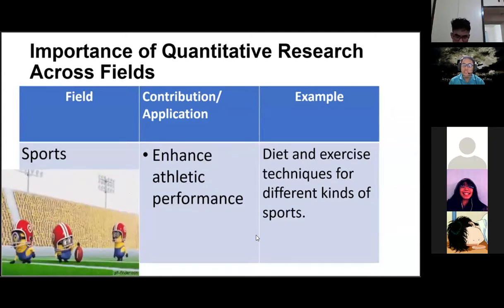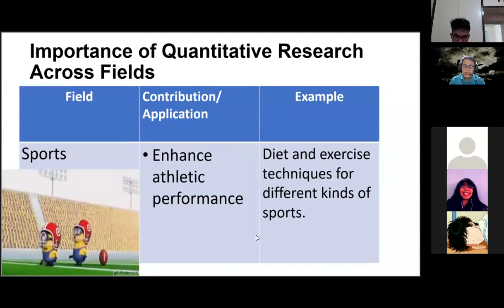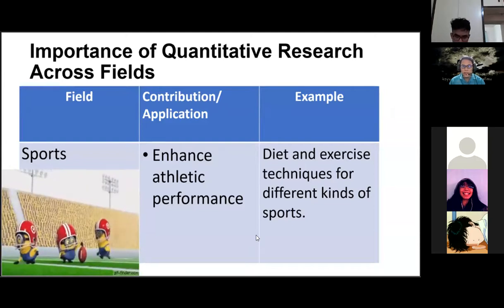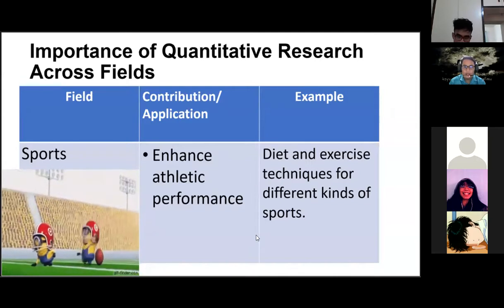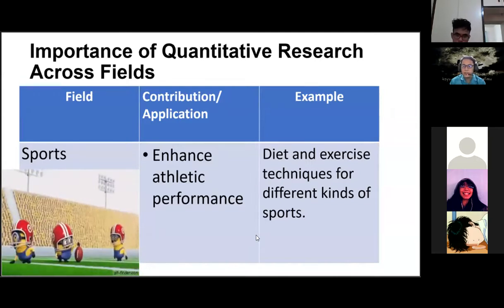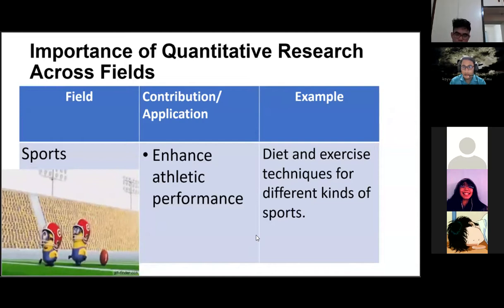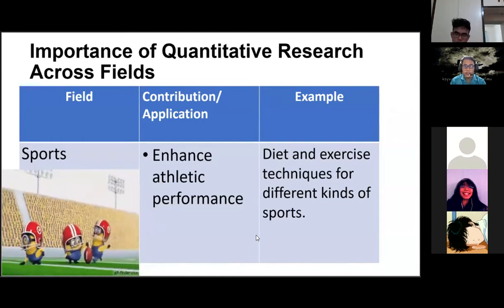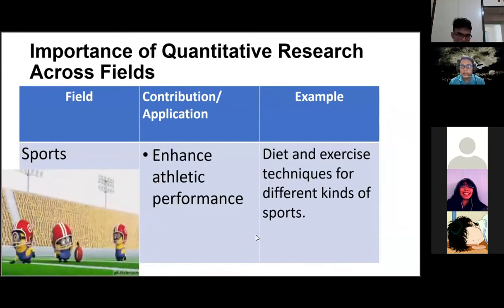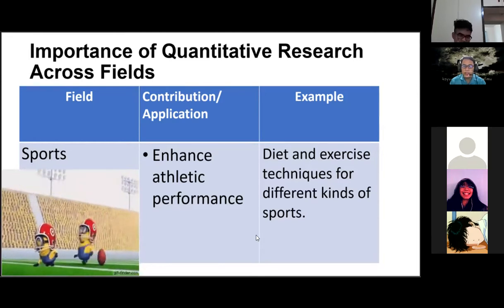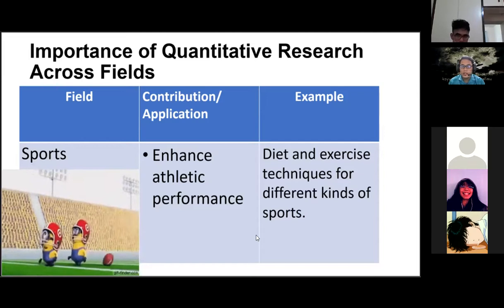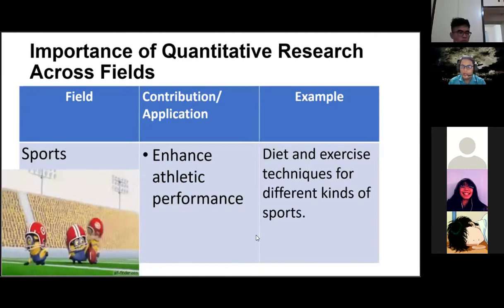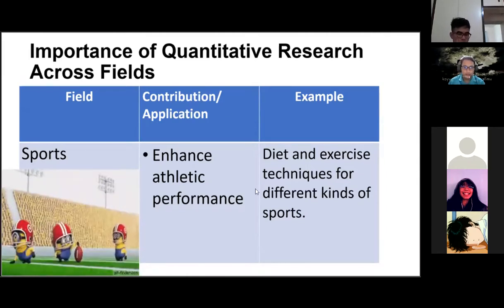Also to understand the relationship between one's health and athletic performance. Diba? Meron kayang kinalaman yung health of an athlete to his or her athletic performance during competition. Okay, so pwede natin yung gawin when it comes to sports. Marami talagang fields wherein research are very useful and very significant.